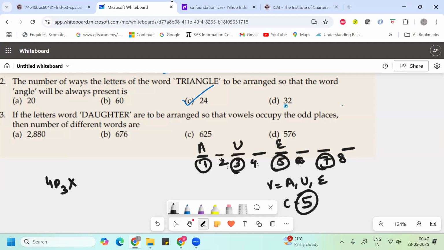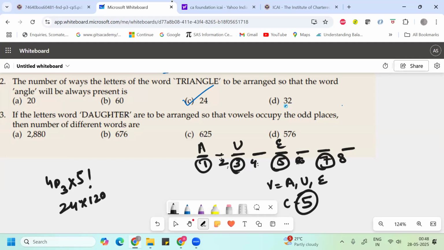In DAUGHTER, places 1, 2, 3, 4, 5, 6, 7, 8. So I have five places, and five consonants. So five consonants in five places can sit in 5 factorial ways. Okay, everyone. And then 4P3 into 5 factorial. 4P3 means 24 and 5 factorial is 120.